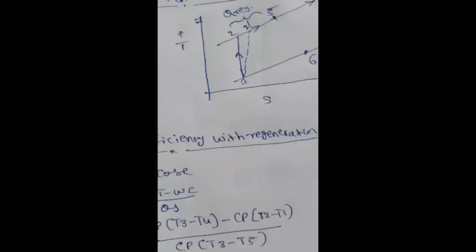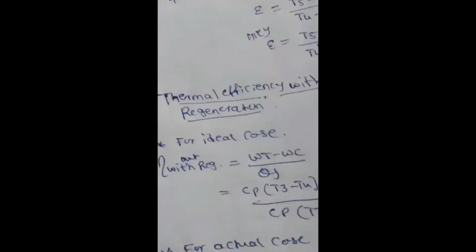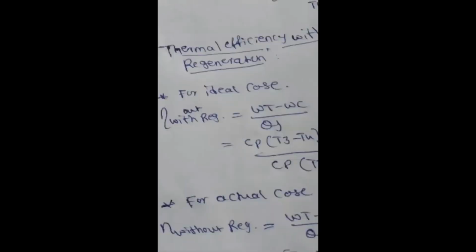We cannot get a 5 dash here, as the heat addition is at constant pressure, without regeneration. For the ideal case, as I explained last time, forget about 5, it is a normal cycle. That's without regeneration. Sometimes they may ask for the efficiency without regeneration, and you write Wt minus Wc divided by heat supply.